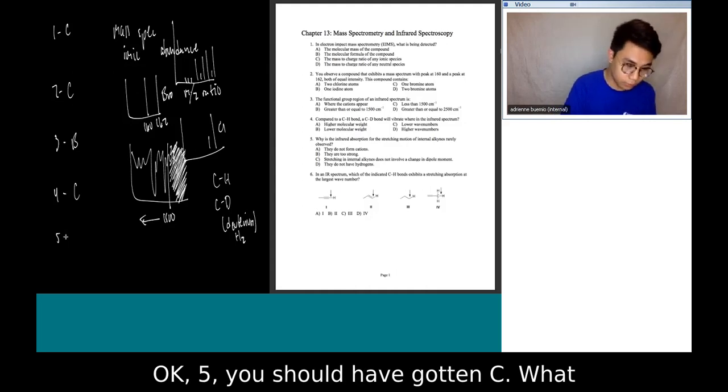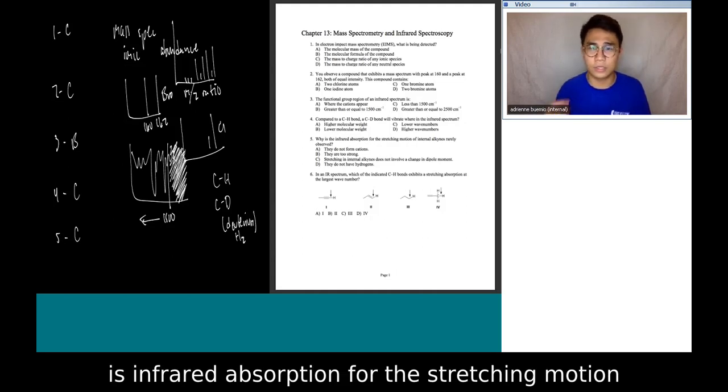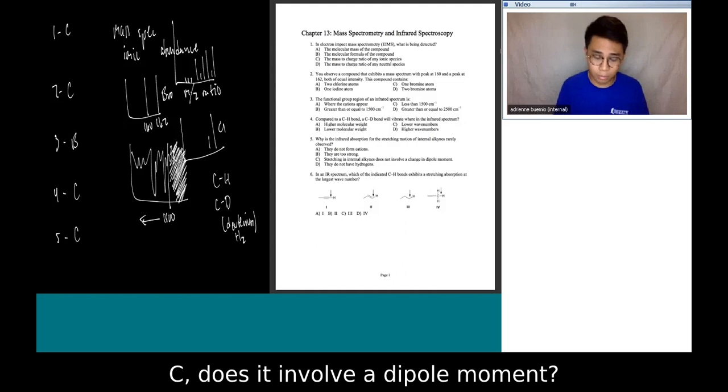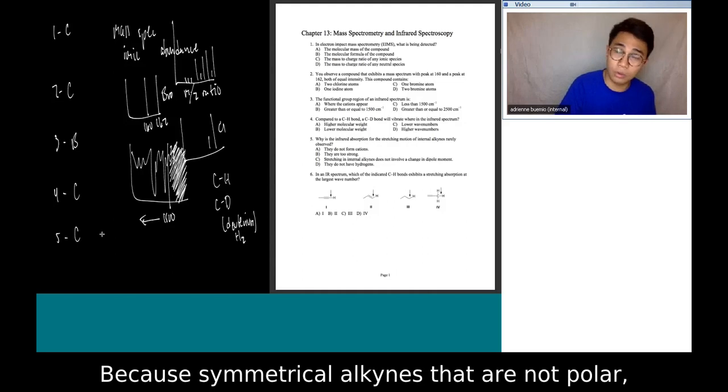For 5, you should have gotten C. What is the infrared absorption for the stretching motion of internal alkynes? C does not involve a dipole moment, because symmetrical alkynes are nonpolar.